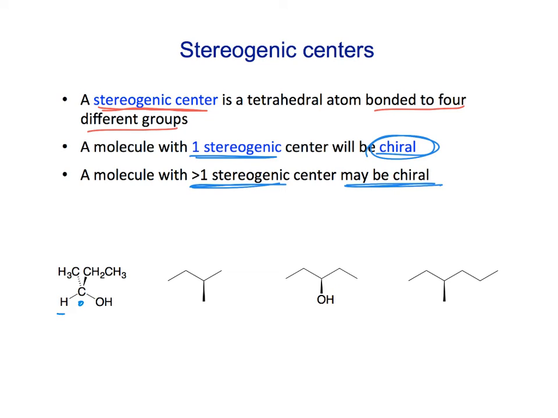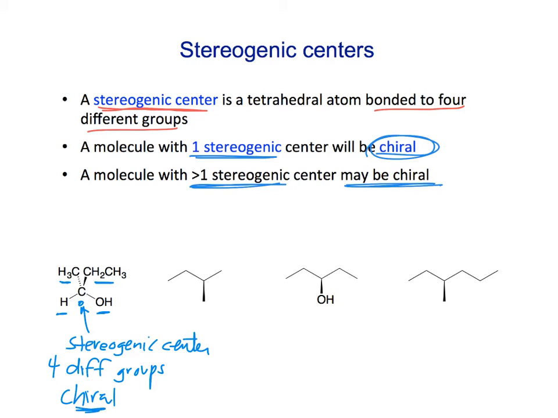It has an H attached to it, it has an OH attached to it, it has a methyl group, and it has an ethyl group, so we would say it has 4 different groups. That makes this carbon a stereogenic center, and that makes this molecule chiral.